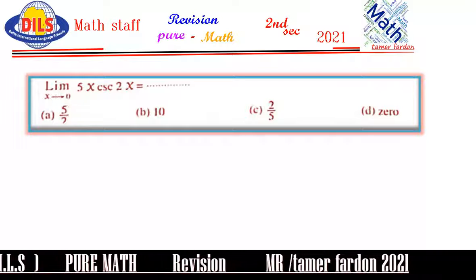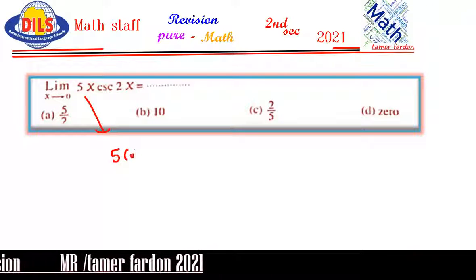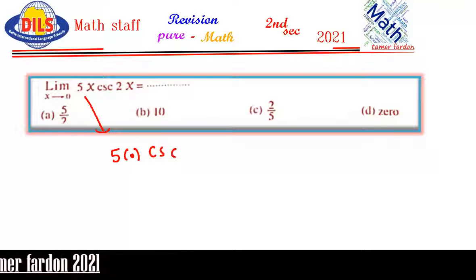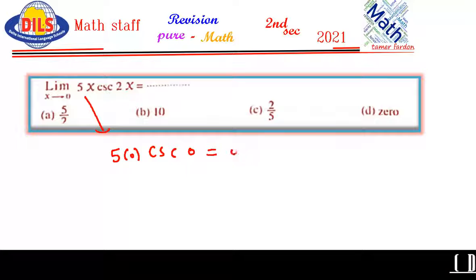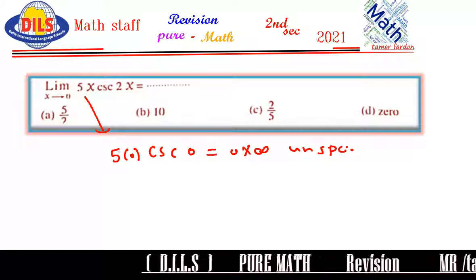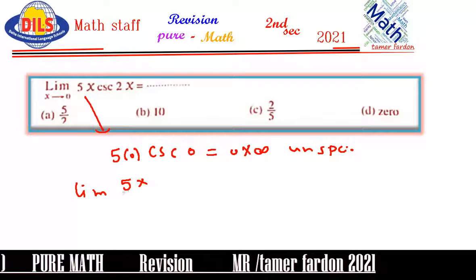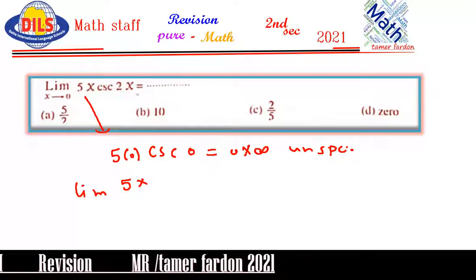By using direct substitution, we get 5 times 0, 0 times cosec 0. This equals 0 times infinity, an unspecified value. So the limit of 5x cosec 2x.